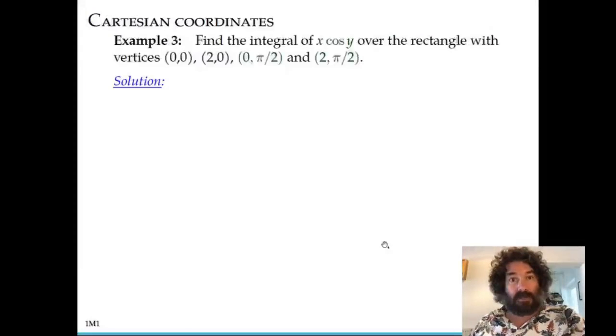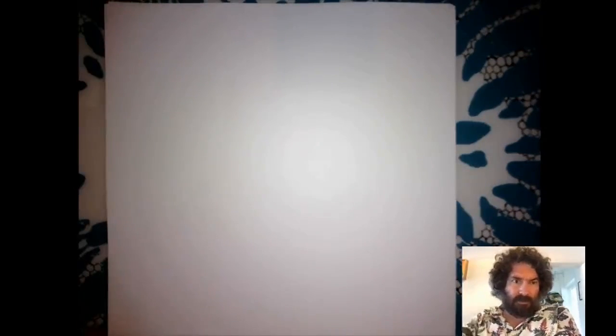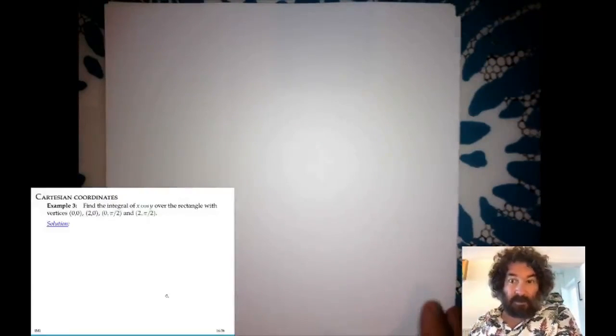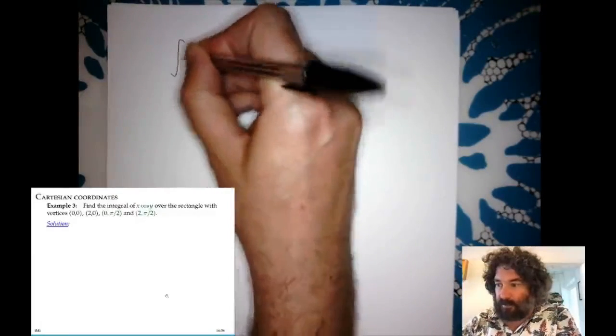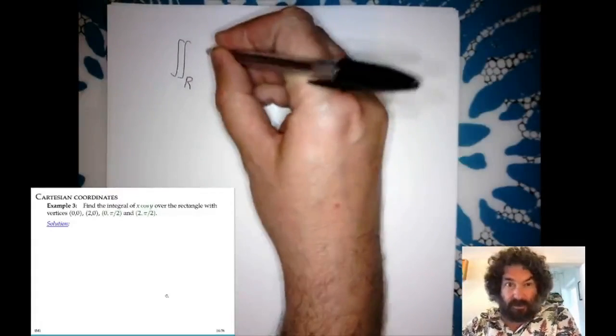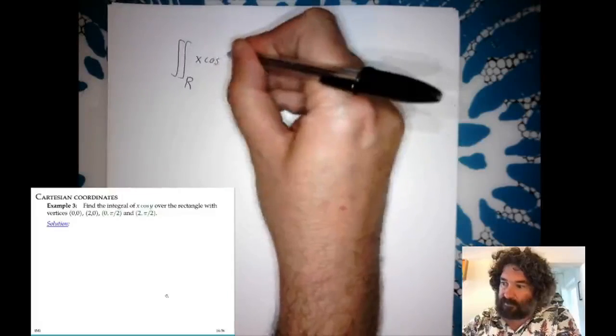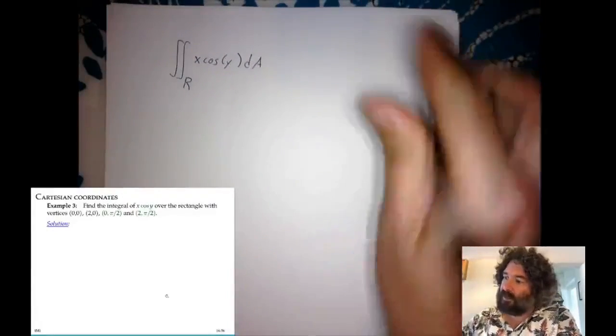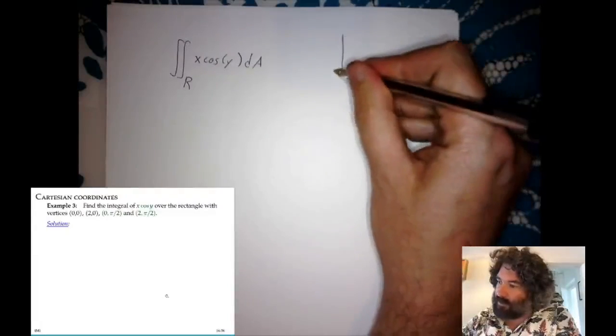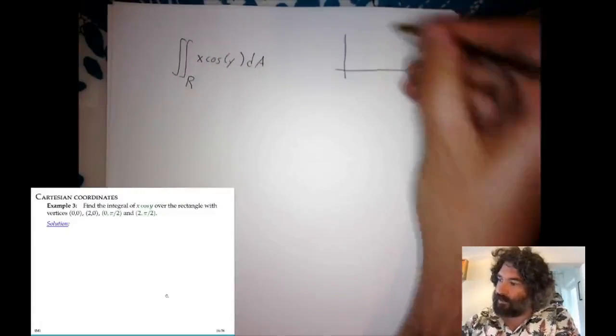Okay, I'm going to look at one more example of doing a double integral, somewhat similar to the previous two. We're going to integrate the function x cosine y over the given rectangle. So now the double integral over this rectangle R of x cosine y. Let me draw the rectangle in the xy plane.